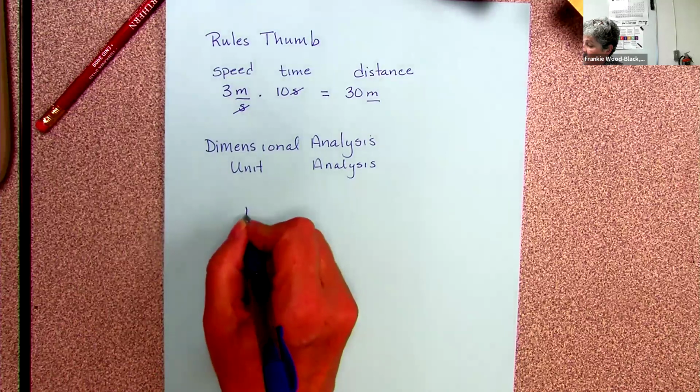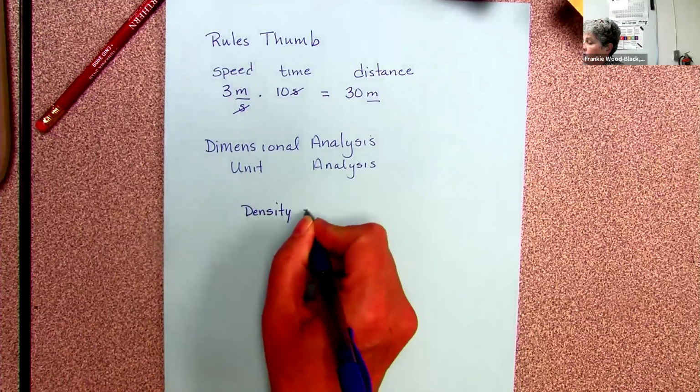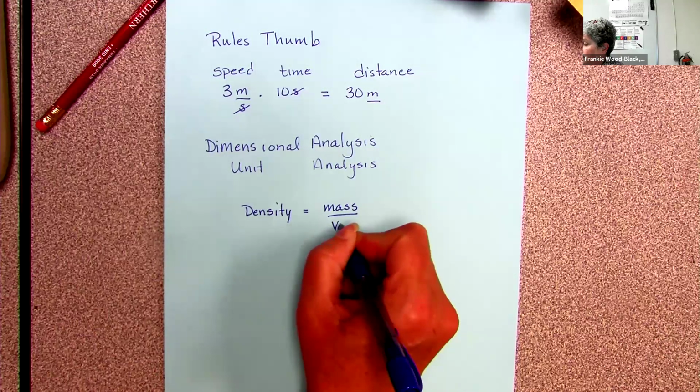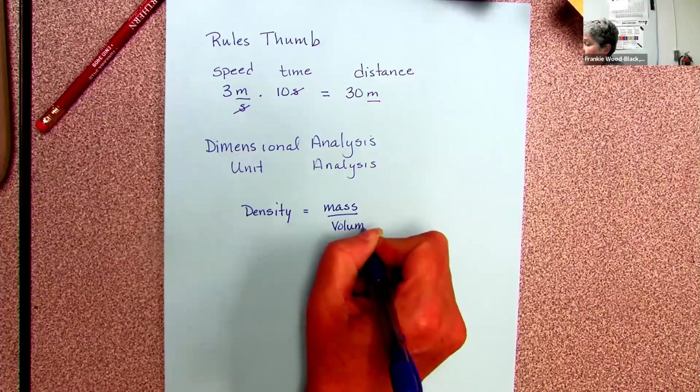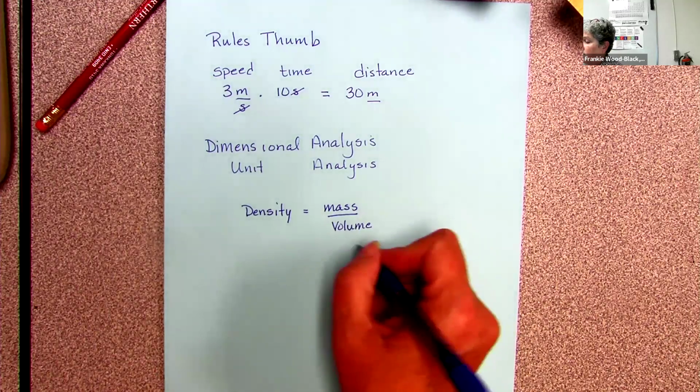So I'll do a common one that we do in chemistry. We do density, right? We say that density is equal to mass divided by volume. And we all know that sometimes when we're trying to solve it, we get something weird, and somebody will inevitably say that we've got a volume over a mass.